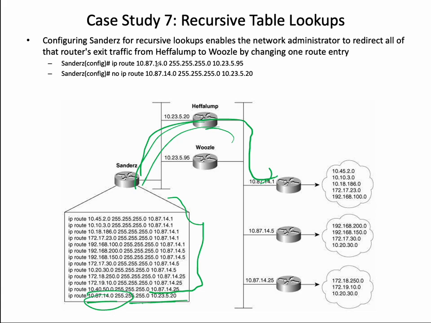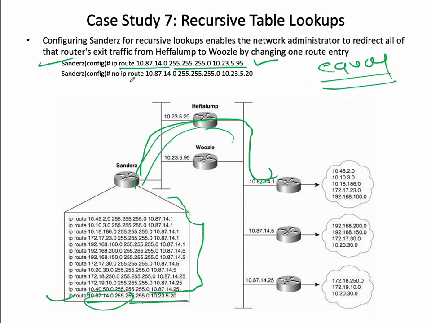But now you enter these commands, IP route 10.87.14.0. Assume that you entered this command. What will happen? Now you have two static IP routes, right? One is this and the second is this. So that will start doing equal load balancing basically.